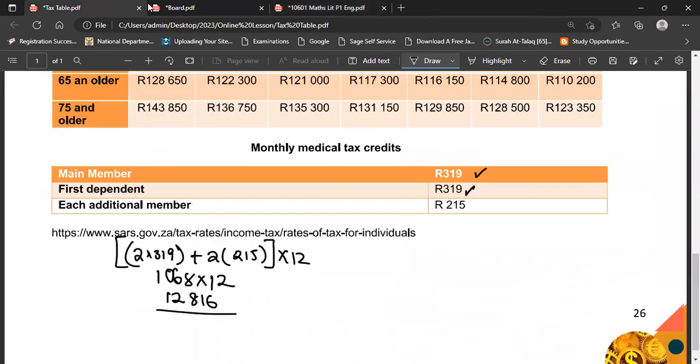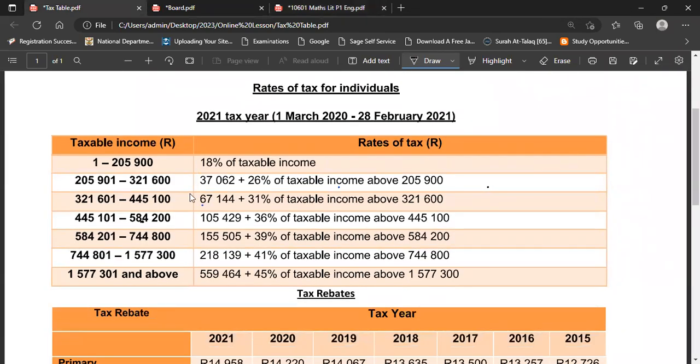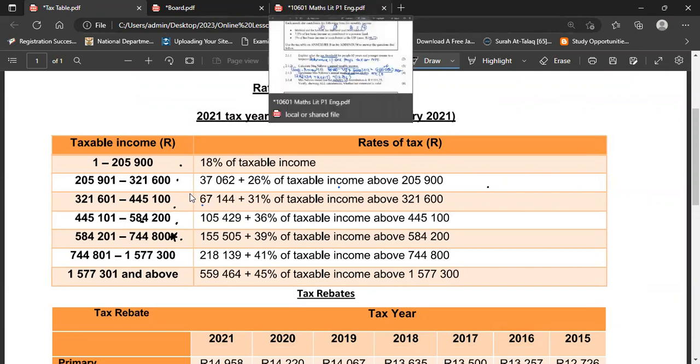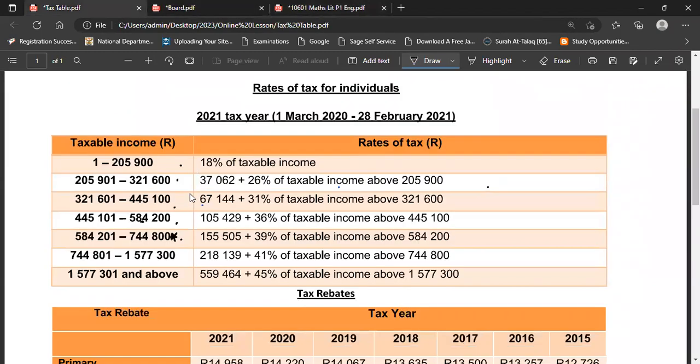We shall come to the tables here. 666,000 is in bracket number 1, 2, 3, 4. It's in bracket number 5. The moment you identify where it belongs, you write this number here, plus 0.39 into brackets.